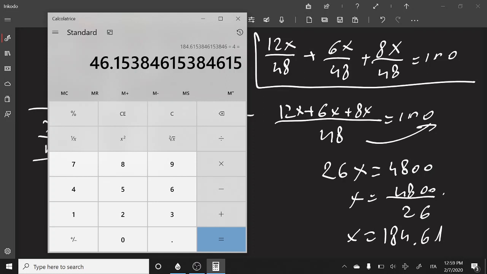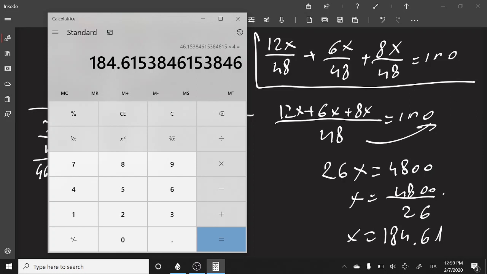Then we're going to divide by 8, so we turn back to the 184.61. You can simply write 184.61 divided by 8. I just want to make it simple right now.